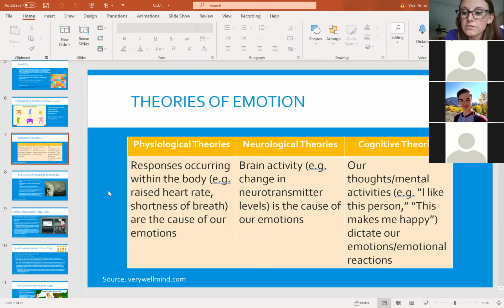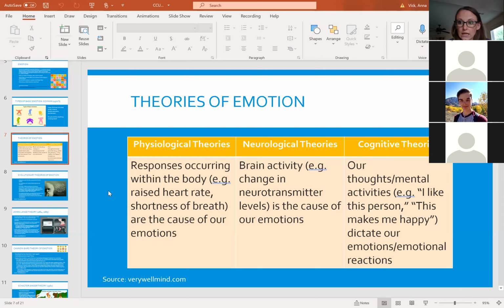And then the cognitive theory is that our thoughts dictate our emotions, which then dictate our behaviors. This will sound familiar when you think about cognitive behavior therapy. That's where the cognitive part is, because CBT, a very popular approach in the field, says that thoughts drive feelings or emotions, which drive actions.